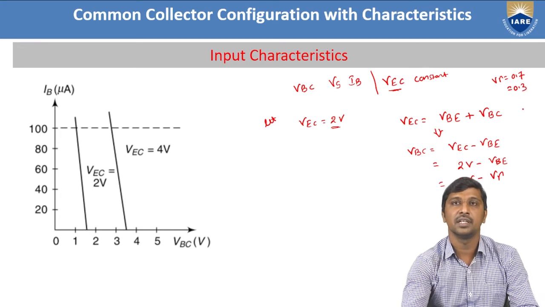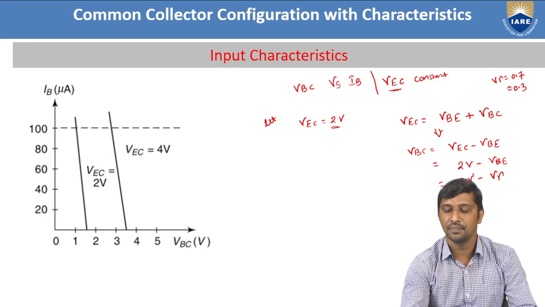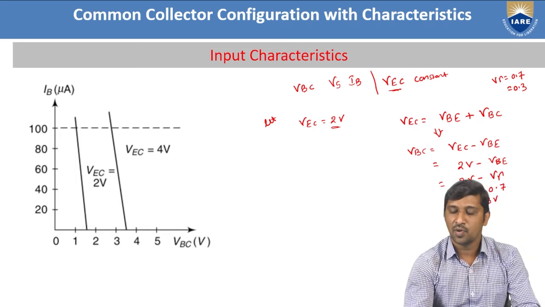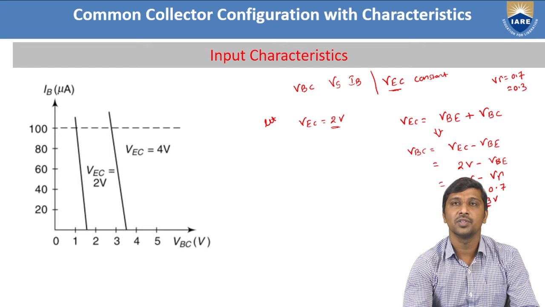Suppose here I assume that this NPN transistor is made of silicon material. Hence, what happens here? This is 2 volts minus the cut-in voltage for silicon, which is 0.7. Hence, the VBC becomes 1.3 volts. So that is the reason. At this 1.3 volts, your input junction is forward biased, hence it allows the maximum conduction.